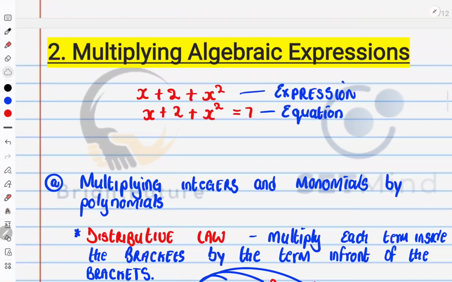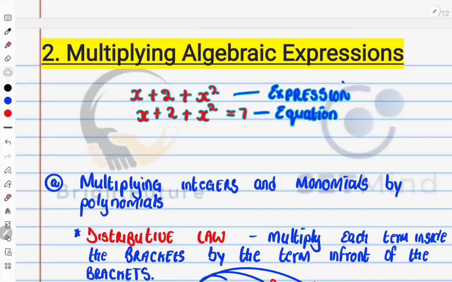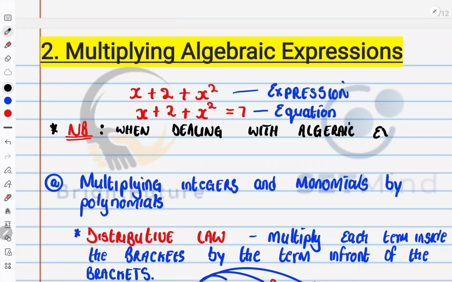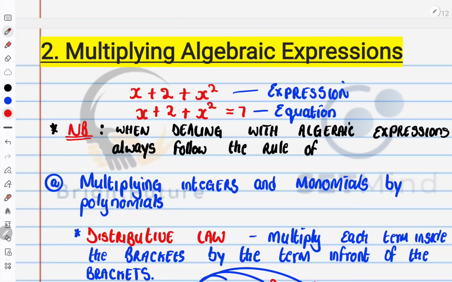Maybe also put this down, something to keep in mind: when dealing with algebraic expressions, always follow the rule of BODMAS, maybe in red.